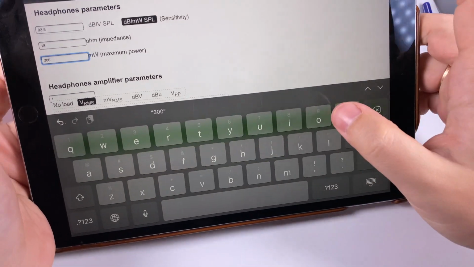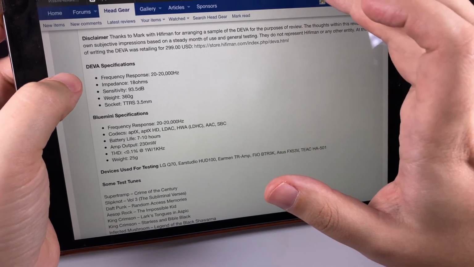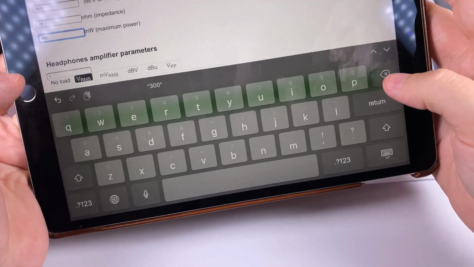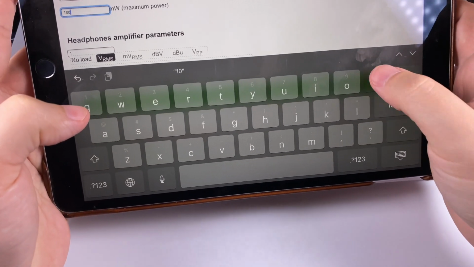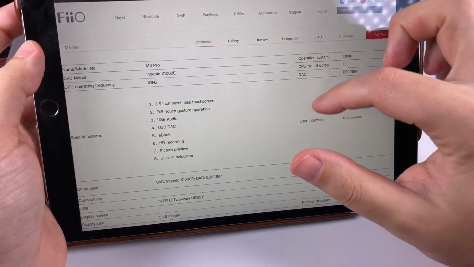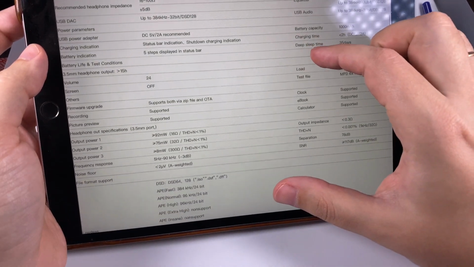Maximum power is not that important here, it's not important for the calculations, but usually planar magnetic headphones are pretty good at handling power. And now we need the specs for the player. We need to find its output power.